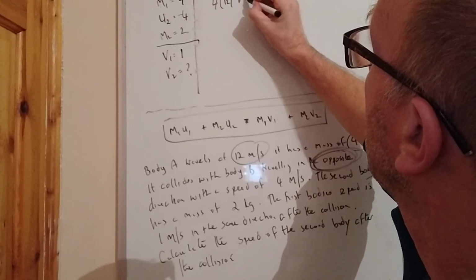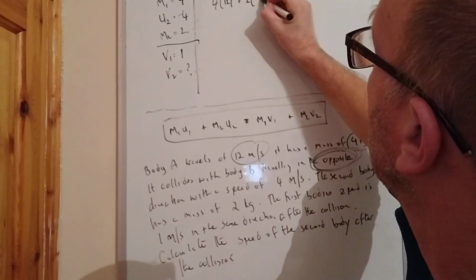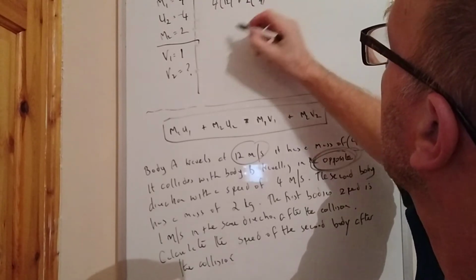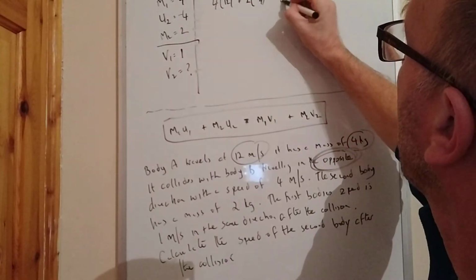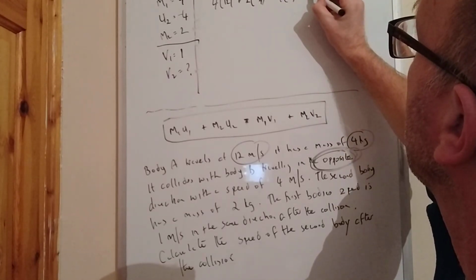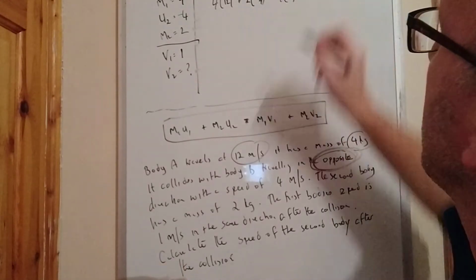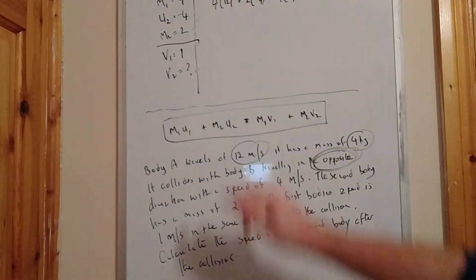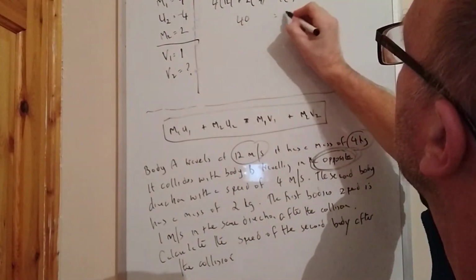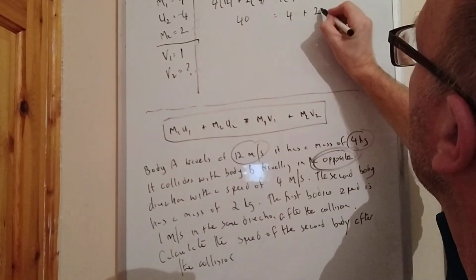Plus m2, 2. u2, minus 4. Afterwards, m1 is still 4, and velocity is now 1. Plus m2 is still 2, and the velocity we don't know. Let's tidy it up. 48 minus 8, so that's 40 equals 4 plus 2v.